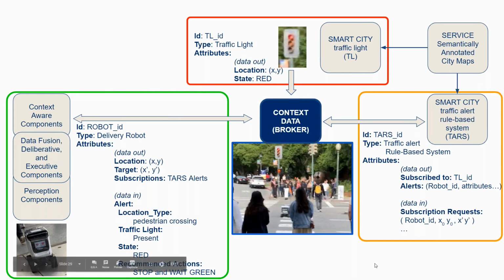The point is that the picture, or the blackboard, integrated in the context broker allows the state of the traffic light and, let's say, an imaginary smart city traffic alert system based on rules to identify that the robot should be helped if it knows that the traffic light turned into a red state.